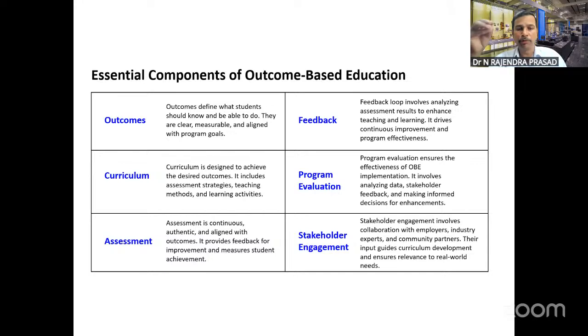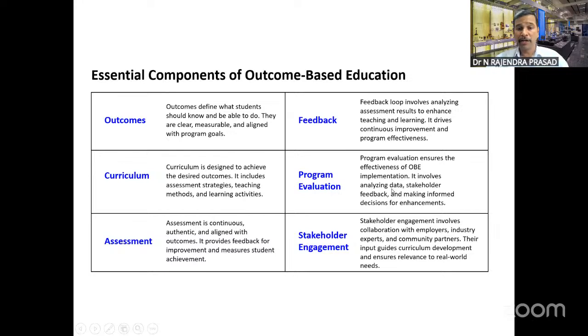So you will be in the mentoring process. During the mentoring process, you may have the ability to understand the capabilities of the learner. According to the requirement of the learner, you can extend the service of teaching. So assessment is a continuous process. Then the feedback from the stakeholders, feedback from the employer, feedback from the teachers, feedback from the parents of the students, that will make the outcome-based education implementation very, very effective.